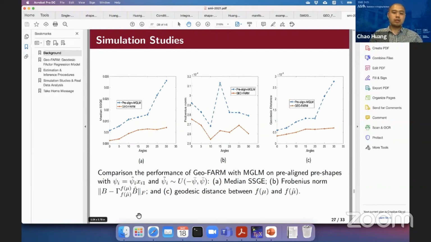So in that case, we also generate these individual rotations with rotation angles related to the xi1. After that, we compared our method with the pre-alignment-based geodesic regression model. You will see that because the pre-alignments are related to these predictors, our method has better performance than the pre-aligned geodesic regression model.